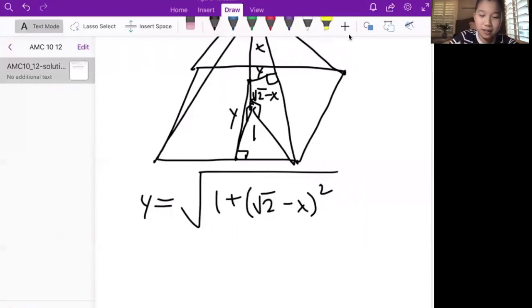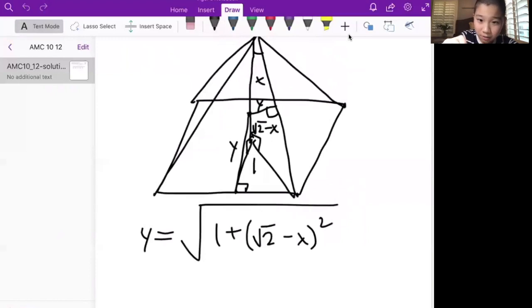So we know that in similar triangles, the ratio, in this case x to y, has to be the same as the corresponding ratio. In this case, it's this to this, or 2 to root 2. So x over y equals 2 over root 2.